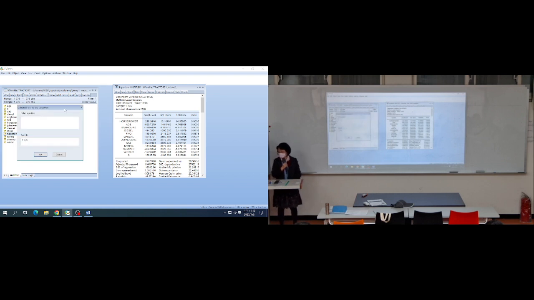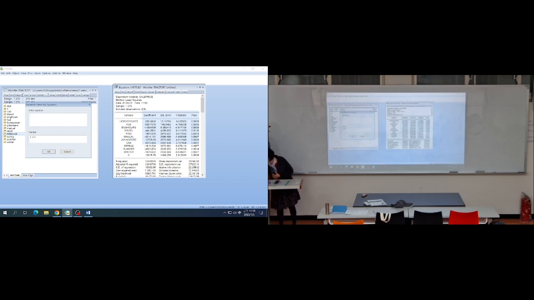Then name it. Name the log sales price. Just change it to English.